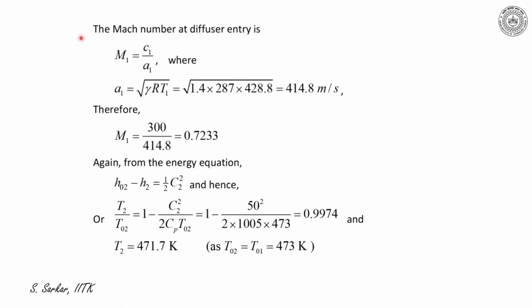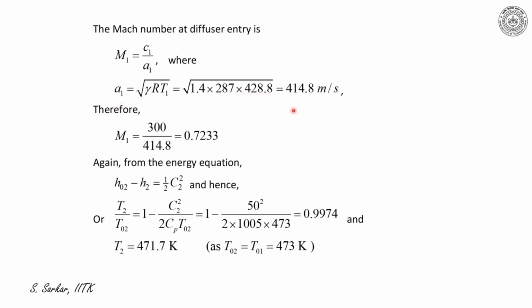Now Mach number at inlet to the diffuser can be stated as M1 is equal to C1 by root over gamma RT1, where root over gamma RT1 is nothing but local sonic speed. So A1 can be evaluated as root over 1.4 into 287 into 428.2.